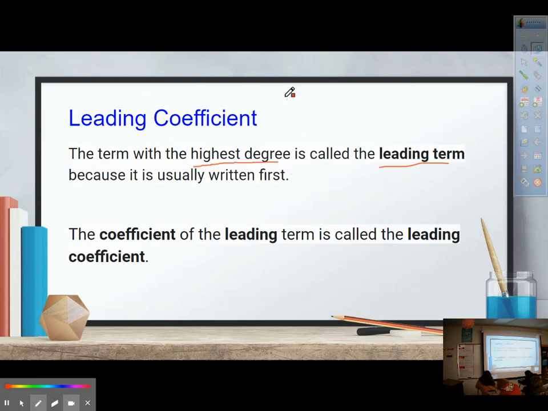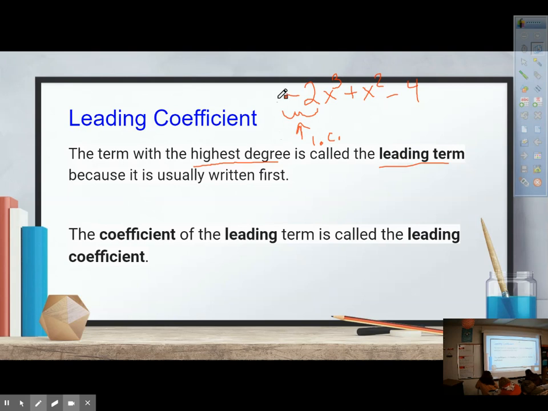An example would be, if I had negative 2x to the third plus x squared minus 4. This is in standard form because the biggest exponent is first. My leading coefficient would be the negative 2.